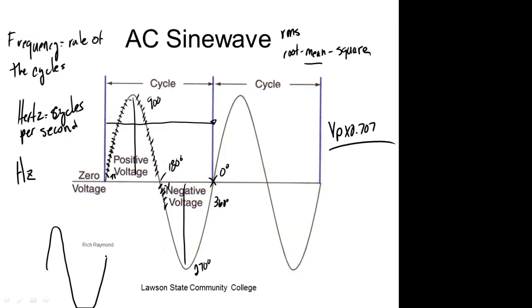It only deals with AC waveforms that are non-sinusoidal, that are not a sine wave. The 0.707 only works with sine waves. That means I could take a sine wave, take that negative alternation, flip it around, and lay it on top of that positive alternation, and you could not tell the difference.